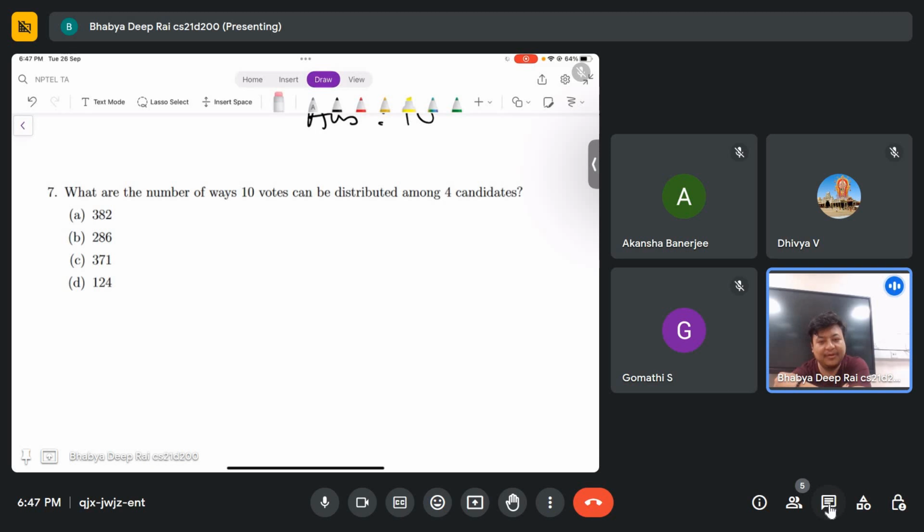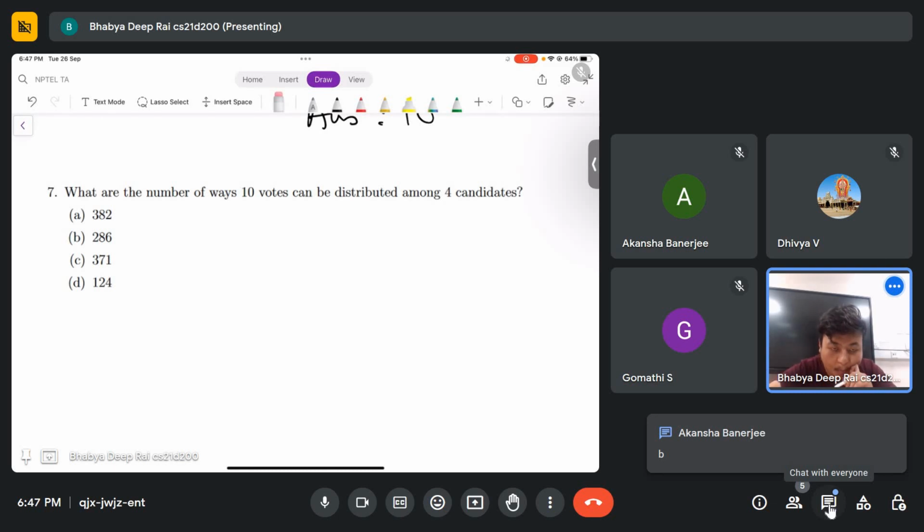I mean, there is more than one way to do it, but using generating functions, any idea how we can do it? Okay, let's see.